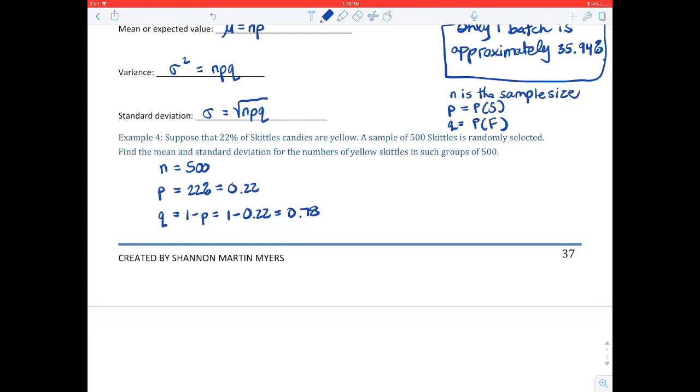So what is our mean? Mu, our expected number of yellow Skittles, will be n times p, right? Which is going to equal 500 times 0.22, 110.